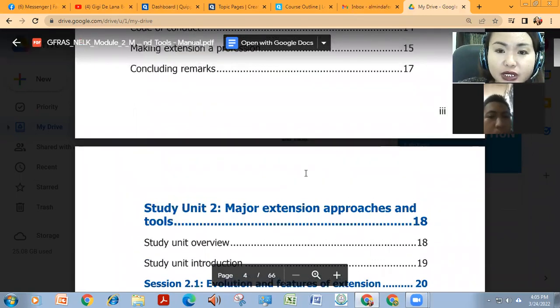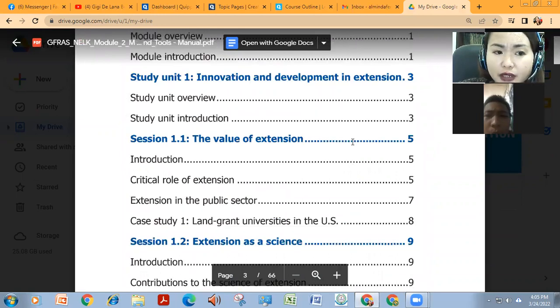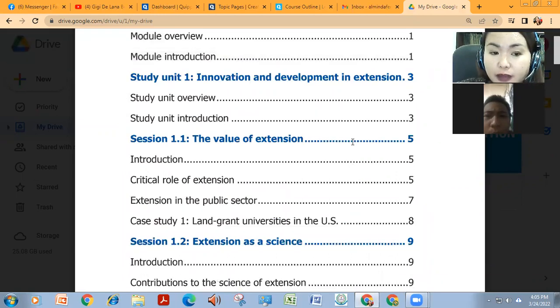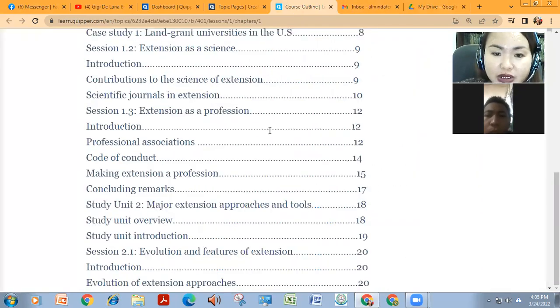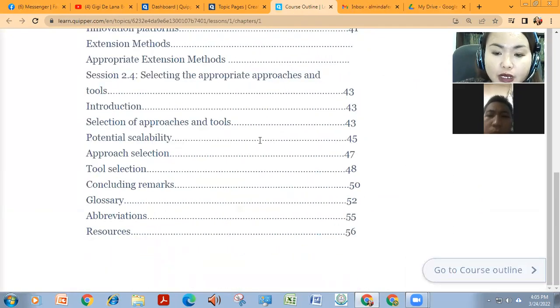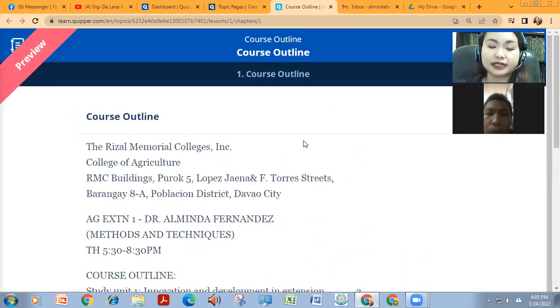So actually I will not give separate exams. The total of the quizzes will be your total exam. But aside from that, it is only three units, and there is no laboratory.